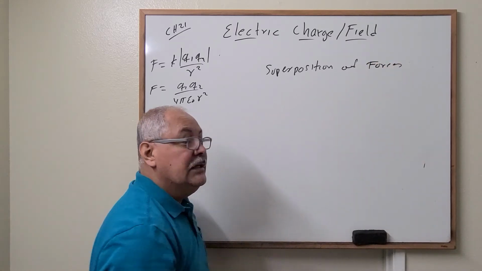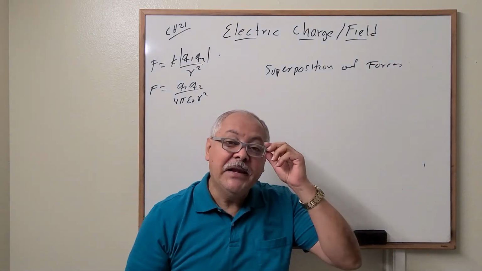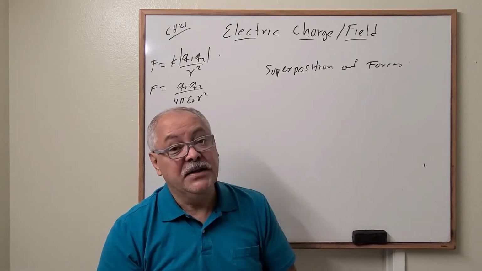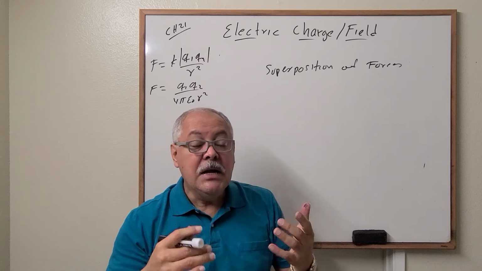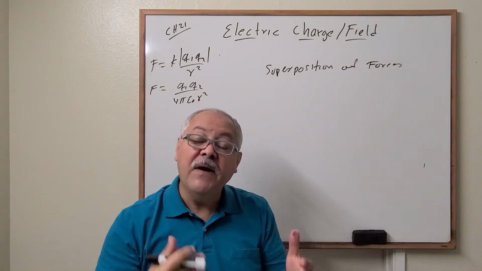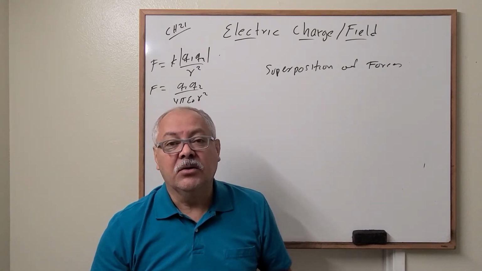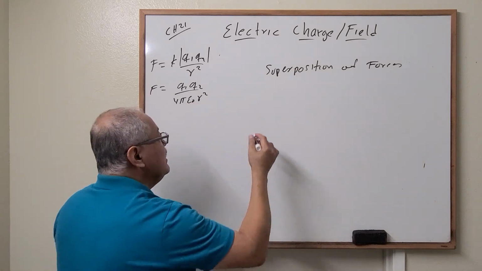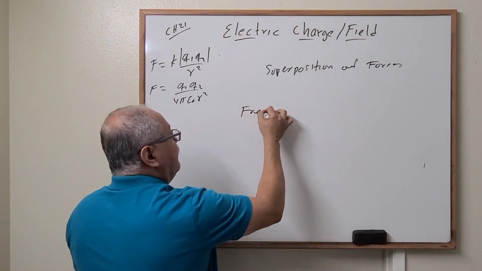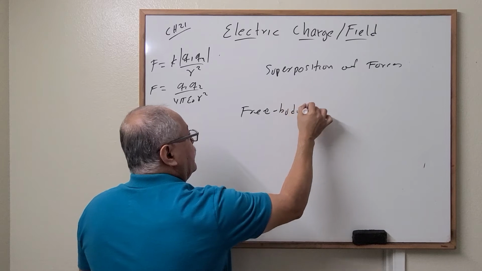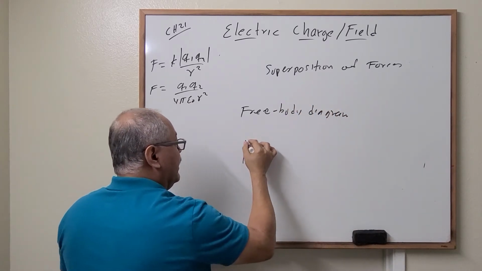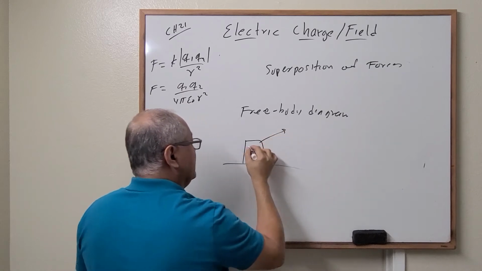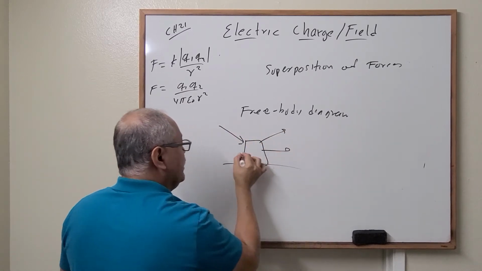The idea is the same as in mechanics when we deal with the free body diagram. Remember, with a free body diagram we locate all the forces acting on an object. We have an object with forces acting in this way, in this way, in this way.